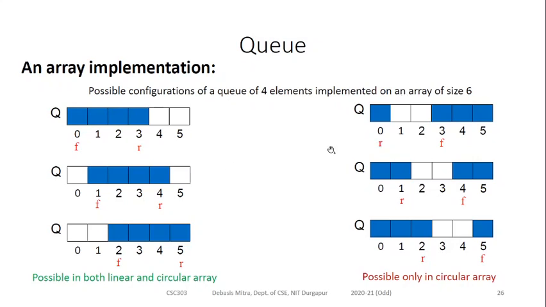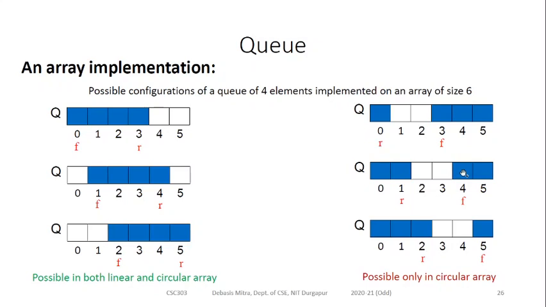But in case of circular array implementation, you can have these three and also these three. Like, your 4 element queue can start from index 3 and end at index 0. That means the first element is at index 3, the second element on index 4, the third element on index 5, and the fourth element is on index 0. Similarly, this is another possibility.